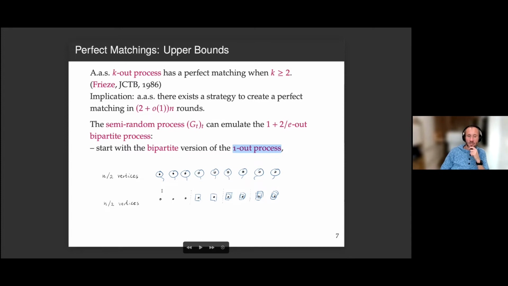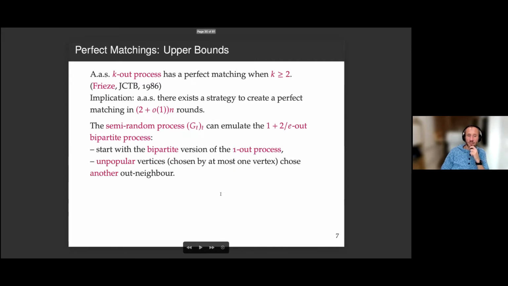But the most important thing is that a 1 over e fraction has nobody, and a 1 over e fraction has precisely 1 square. And that's our unpopular vertices. So we call those vertices unpopular, and these guys can choose another neighbor, so they get extra power for free.